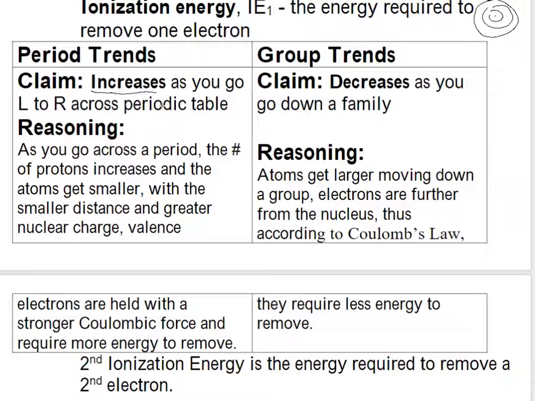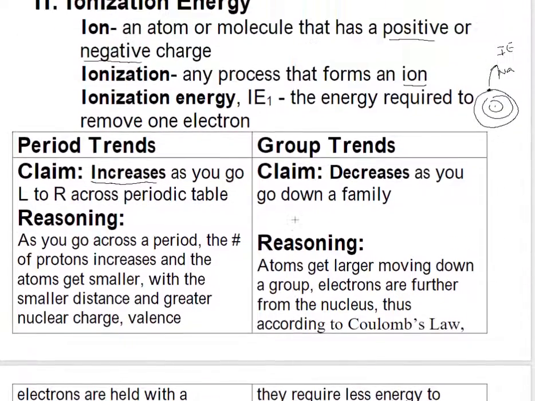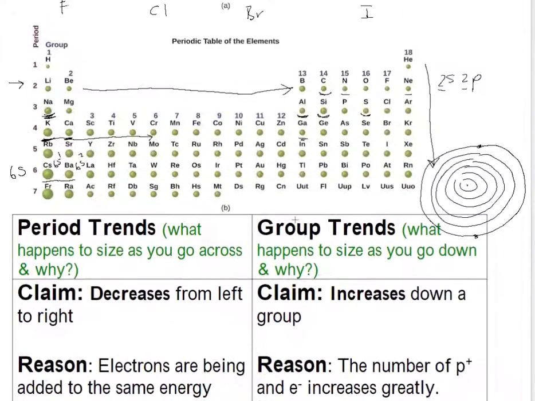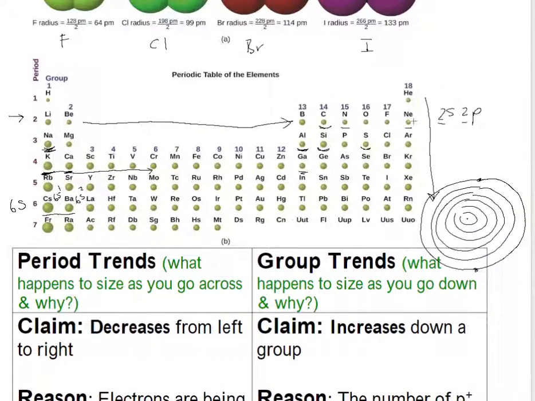Why is it harder? Why does it require more energy to take electrons away from the atoms on the right? This has to do with Coulomb's law. Over here, these atoms, known as the noble gases, have the highest ionization energies because they are the smallest.